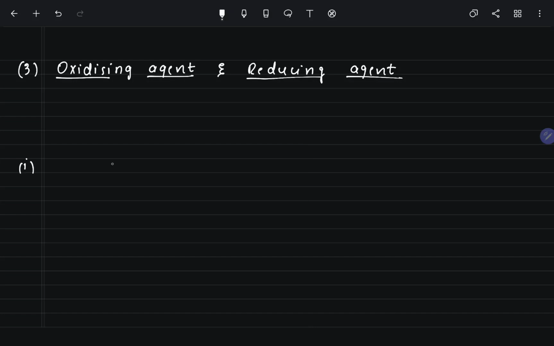that is Zn plus CuSO4 is equal to ZnSO4 plus Cu. So this is the chemical equation. So first method, step 1, is oxidation state of these equations.